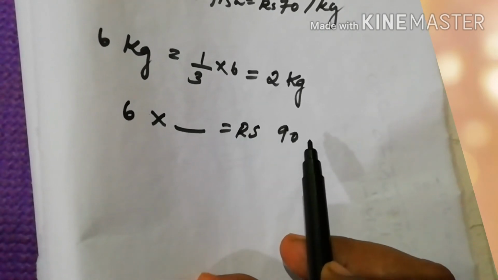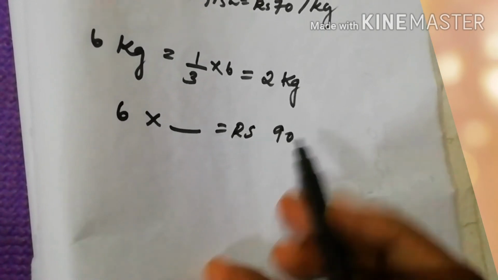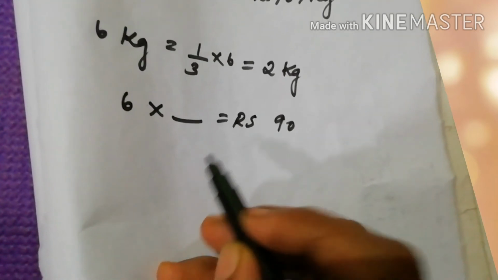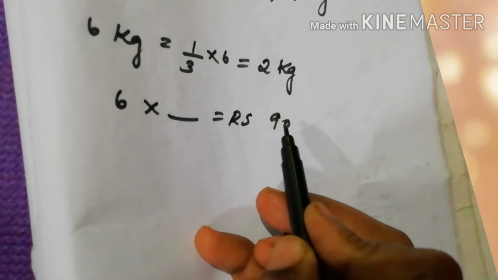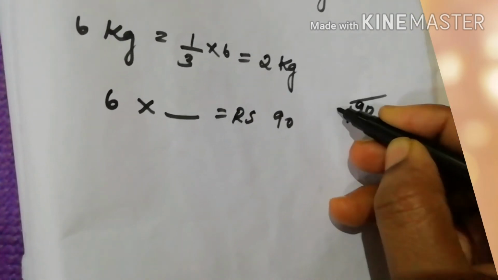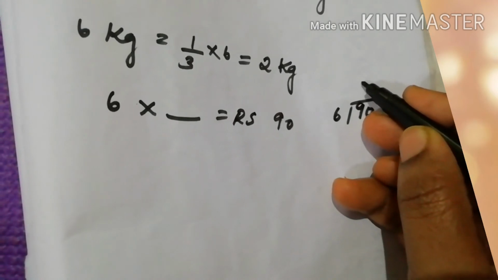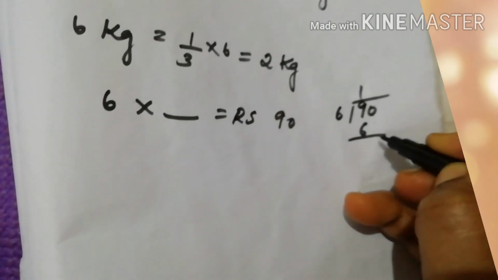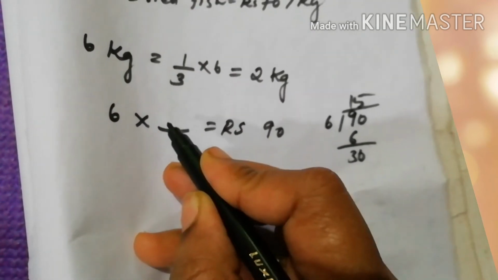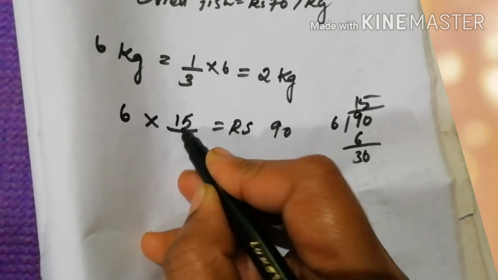When it goes here, it becomes division. So we need to divide 90 by 6. By dividing 90 by 6, what do we get? 90 divided by 6. 5 6s are 30. I did it to show you.